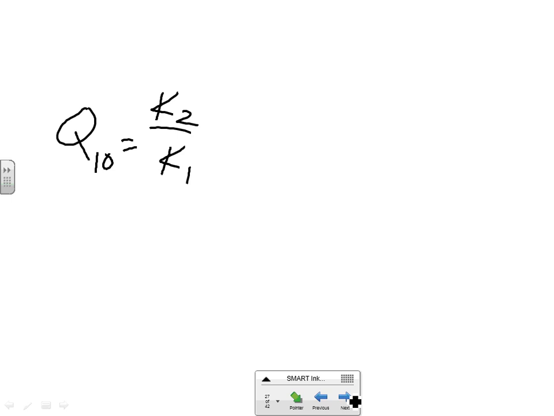The rates. And then we take that rate and we raise it to this power. Now remember that the 2 and the 2, those have to be together. This temperature is when that rate happens. This temperature is when this rate happens.